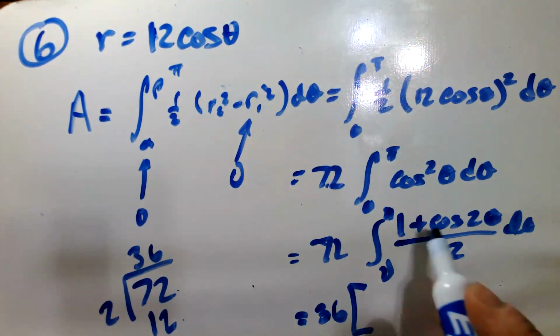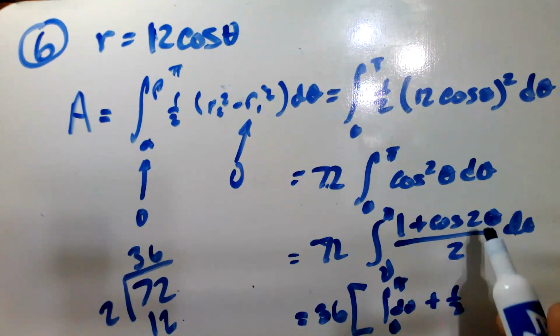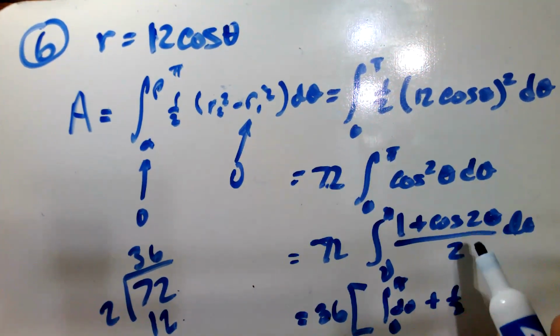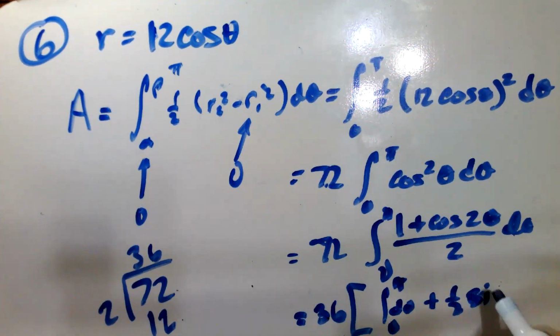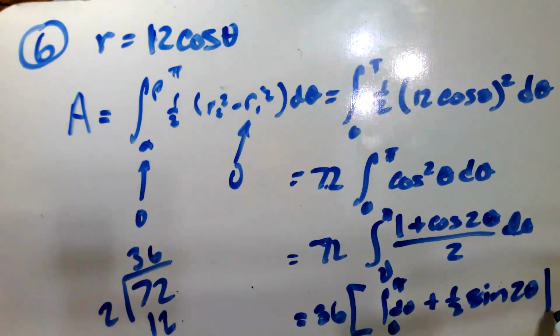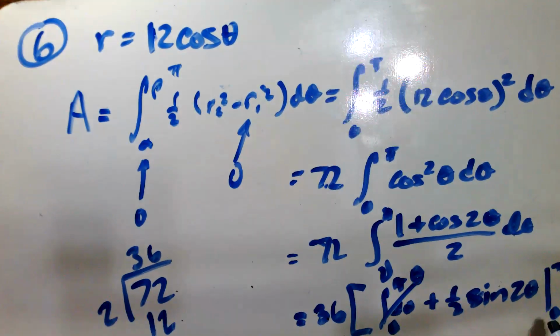And then this is going to be the integral of 1, or d theta, from 0 to pi, plus another 1/2 coming out from the 2 here. The integral of cosine is a positive sine, 2 theta evaluated from 0 to pi. Okay. And this is going to give us just theta evaluated from the same limits.